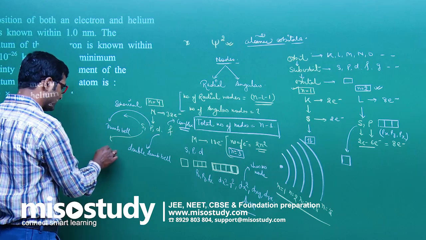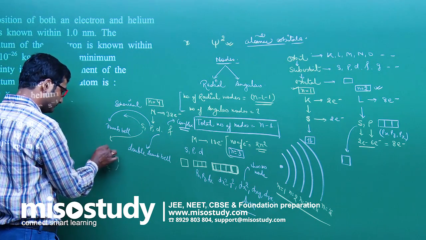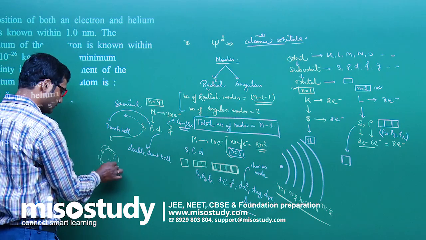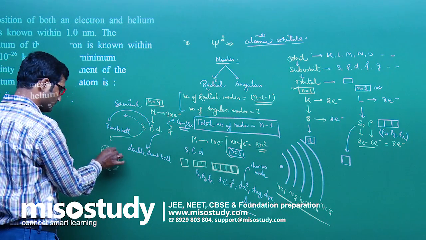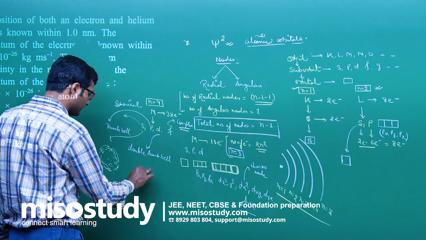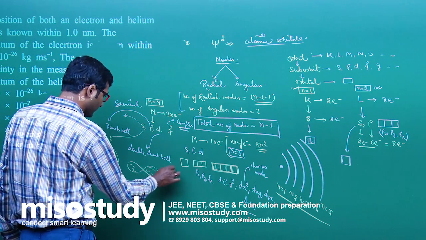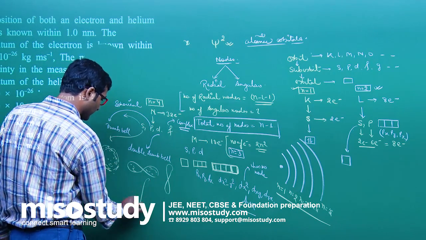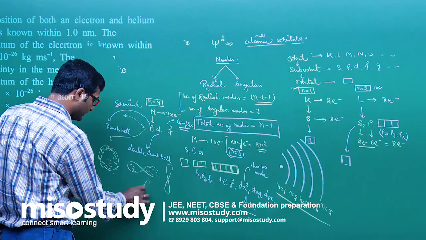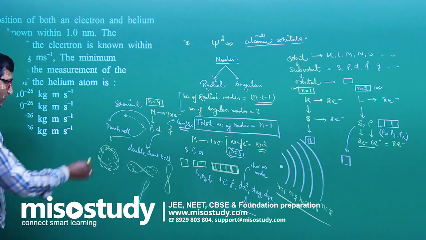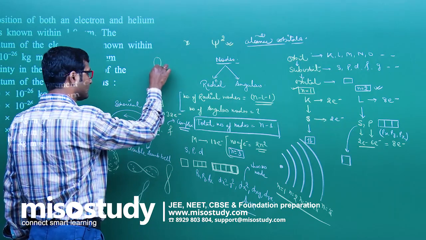S can be written like this. This is a cloud diagram because the electron has wave nature also. This is S and this is P. Like this P, like this P, in different directions, that is X, Y and Z. This is P. Okay, and for D, we know the dz square is like this.